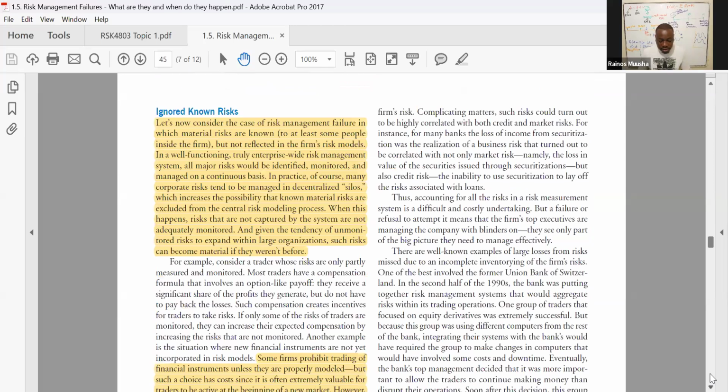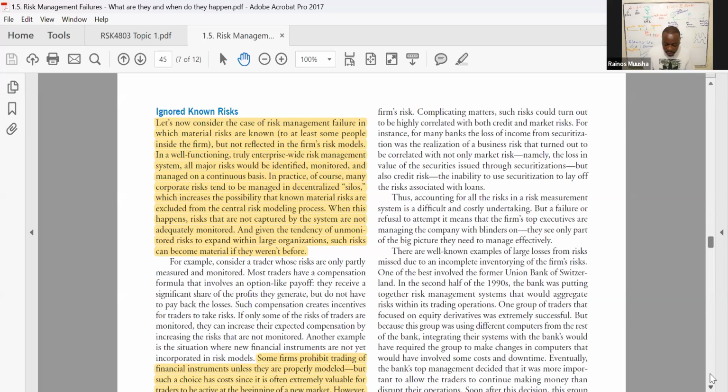Then we look at ignored known risks. And here they say, let's now consider the case of risk management failure in which material risks are known to at least some people inside the firm, but not reflected in the firm's risk models.